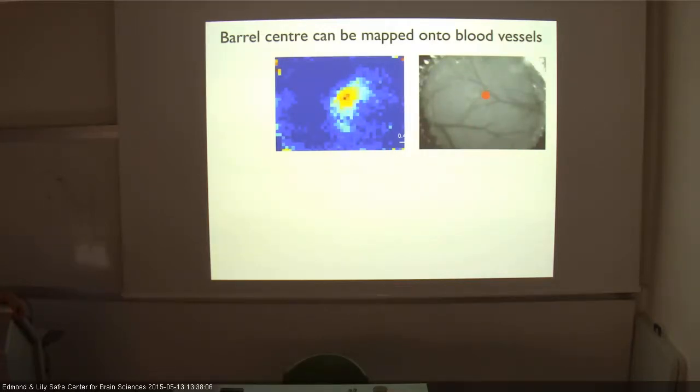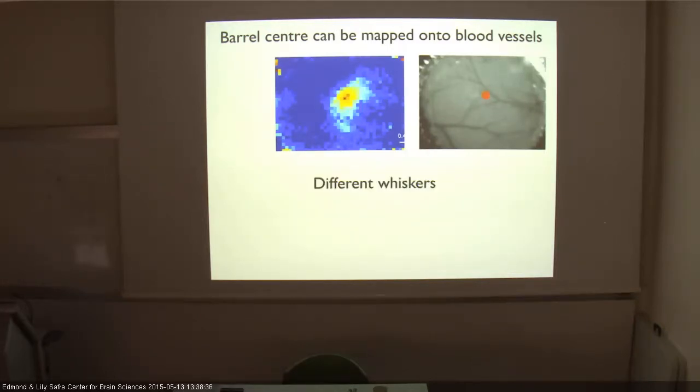The mouse skull is so thin that if you put a drop of water on it, it becomes transparent after a while. So if you put water, you can actually see the blood vessels on top of the brain, and then you can stimulate the whisker and take a picture when everything is illuminated in red, and then you see the oxygenation of the blood. And the barrel that would be activated by activating a single whisker would show up.